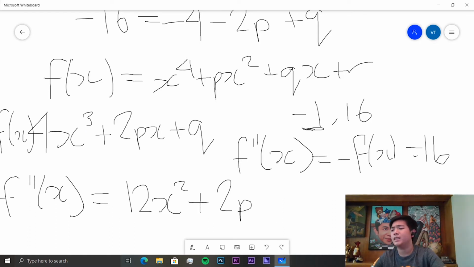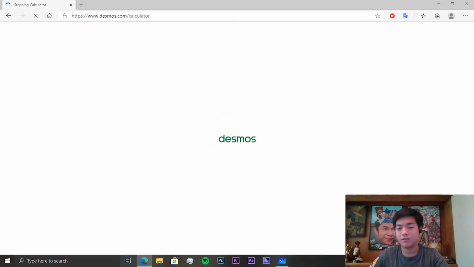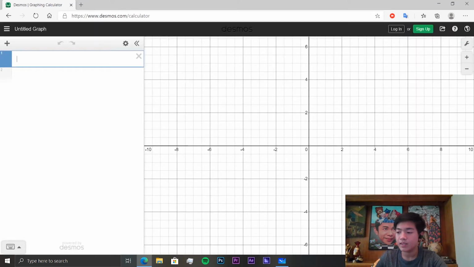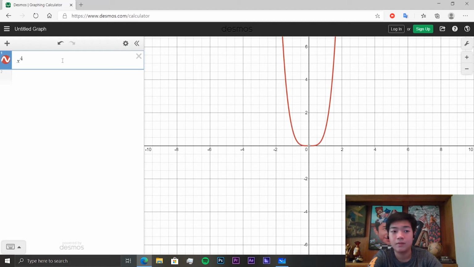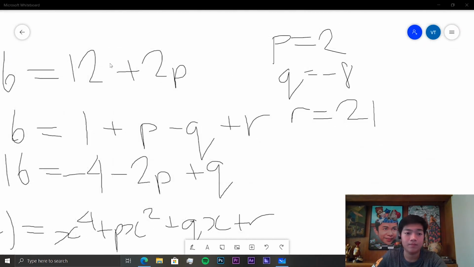You know what? Let's graph it. If you're unsure about anything, I would always just graph it, because why not? So we have x to the 4 plus 2x squared plus qx. What did we say q was? Q is equal to -8, I believe.